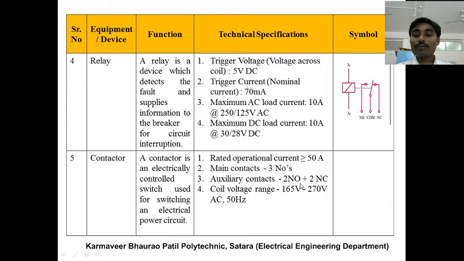Auxiliary contacts: 2 NO plus 2 NC, meaning 2 normally open contacts and 2 normally closed contacts. Coil voltage range is 165 volt to 270 volt AC, 50 Hz supply, and the symbol of the contactor is like this.